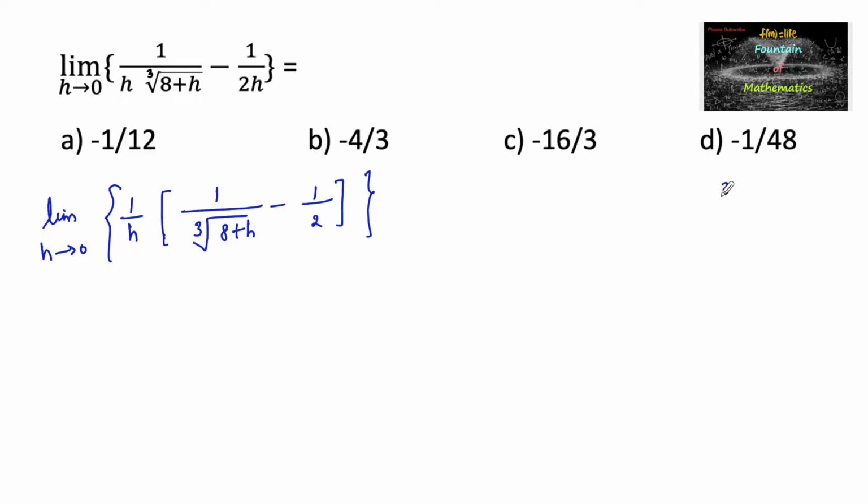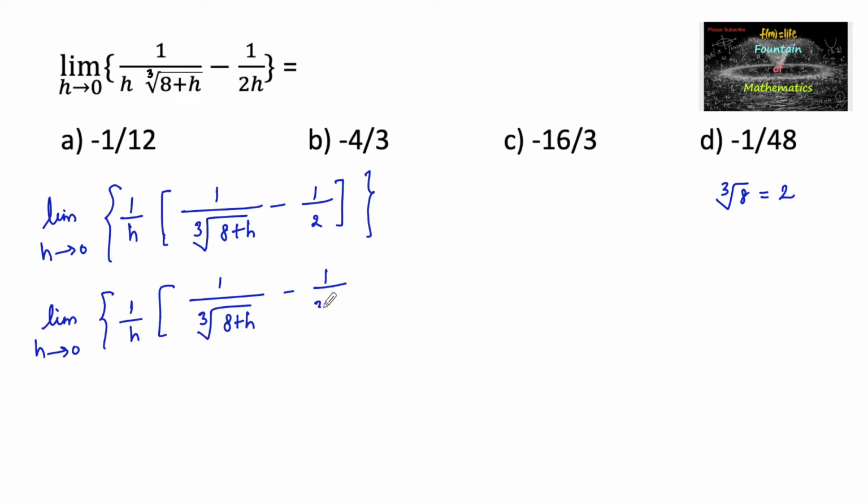Since we know that cube root of 8 is equal to 2, instead of writing 2, we can write cube root of 8. So limit h tends to 0, 1 upon h times of (1 upon cube root of 8 plus h minus 1 upon cube root of 8).